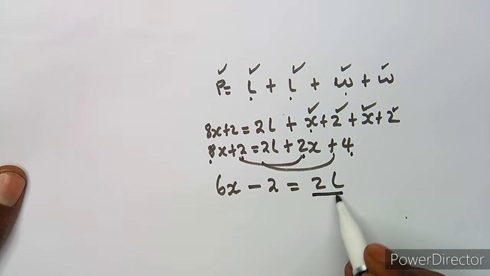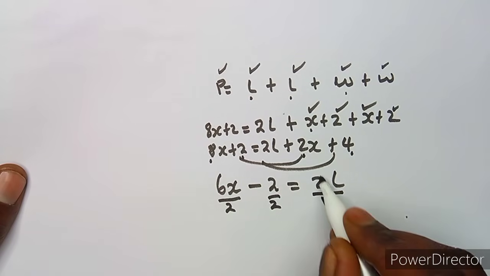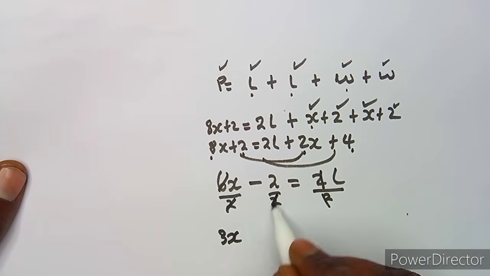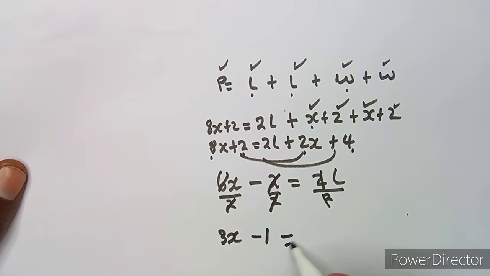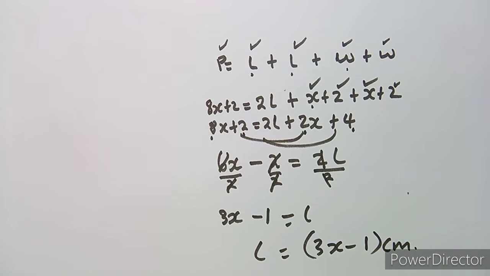I'm supposed to calculate the length. So divide each and every term by 2. Cancel 2 into 6, that is 3x, 2 into minus 2, minus 1, which is equal to L. So as we can see, we are still obtaining the same expression. As long as you understand the concept, this is mathematics, guys. It's a matter of understanding the concept and how to apply it properly.